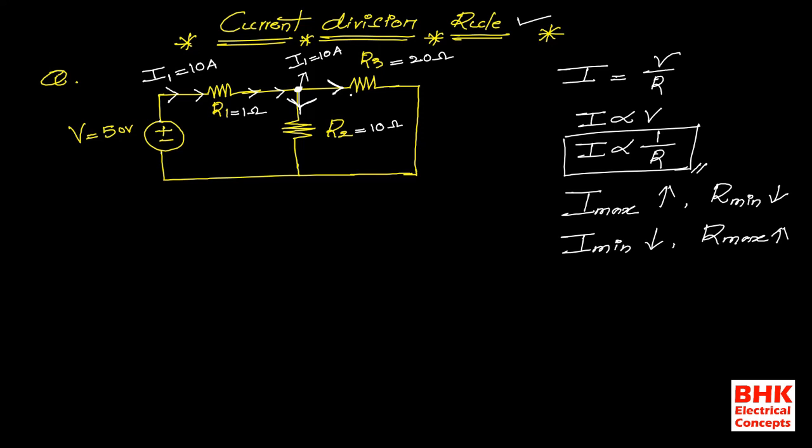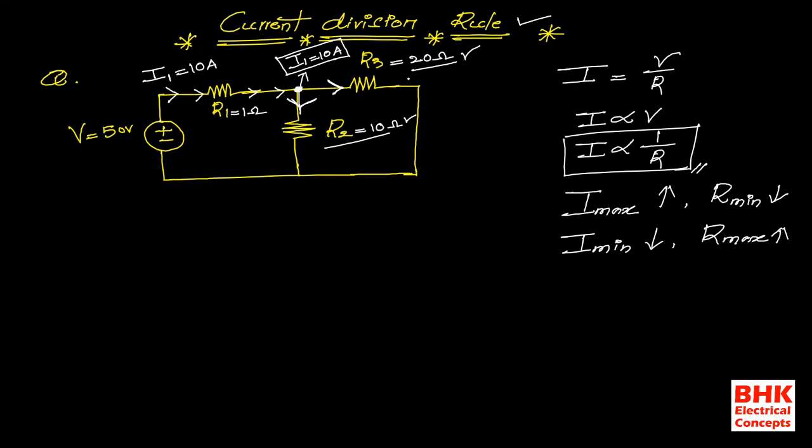Okay, now here we know that, for example, see here, the total amount of current available at this junction point is 10 ampere. The value of R2 is 10 ohms and the value of R3 is 20 ohms. It means in the R3 branch the resistance is more, but in R2 the resistance is less compared to R3.